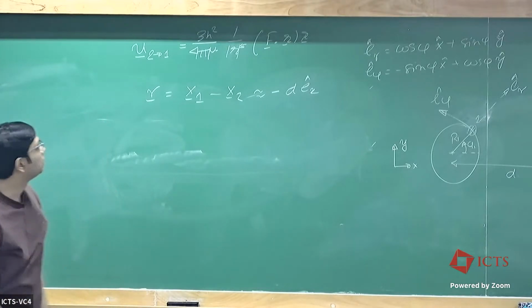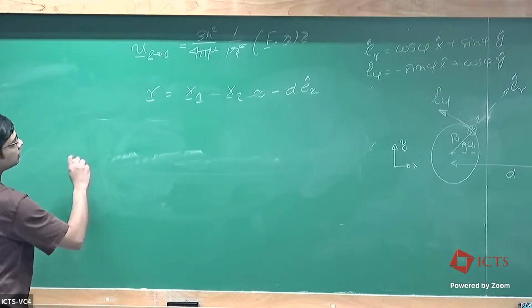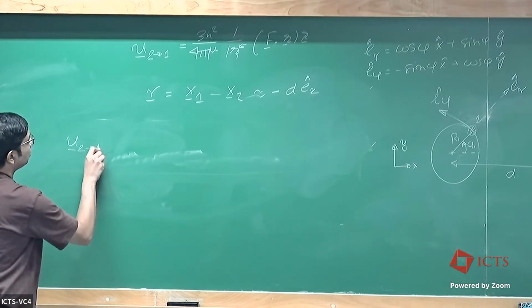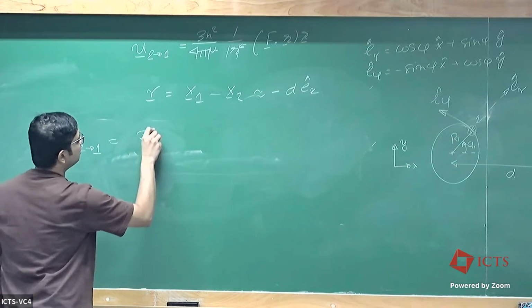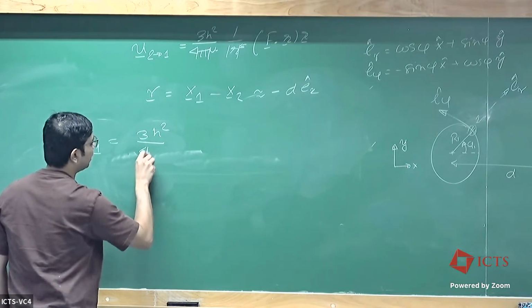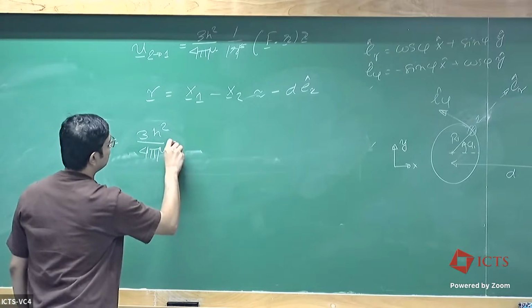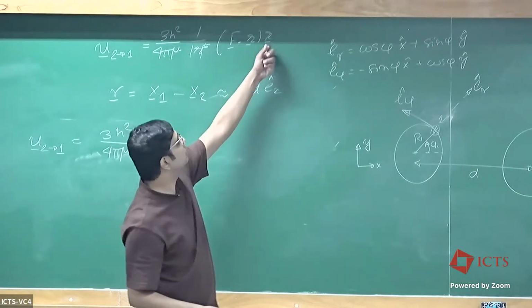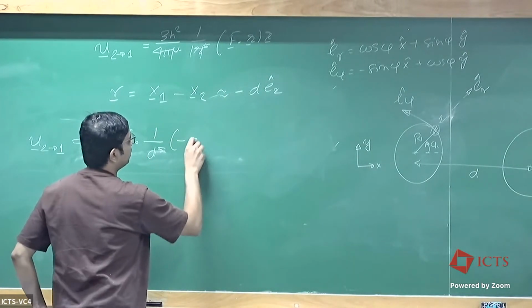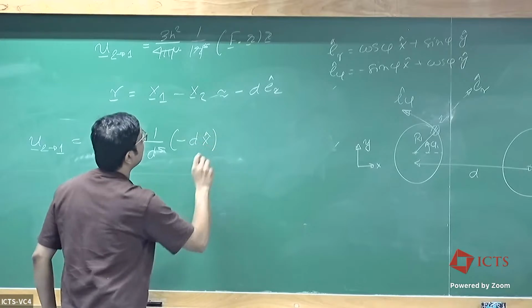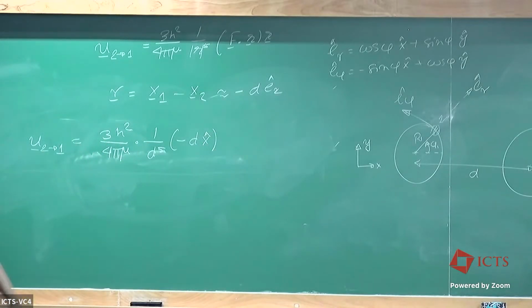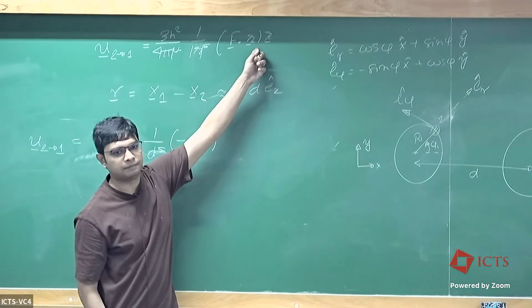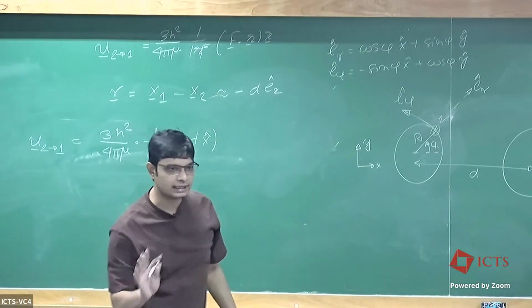Okay. So let's write down what you get for u. You get 3h squared over 4 pi mu times 1 over d to the power 5. This r is again just nothing but minus d x hat. And I need to take a dot product between the force from bead 2 and this vector r. Again, messy stuff.